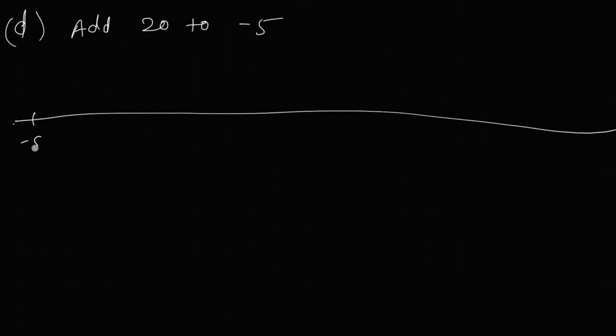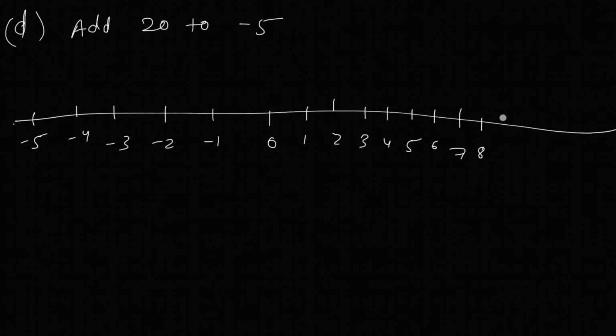Now let's move to question D. Add 20 to -5. Let's say this is the number line, and here is -5, -4, -3, -2, -1, 0, 1, 2, 3, and so on up to 14.